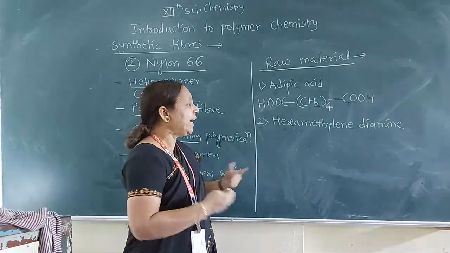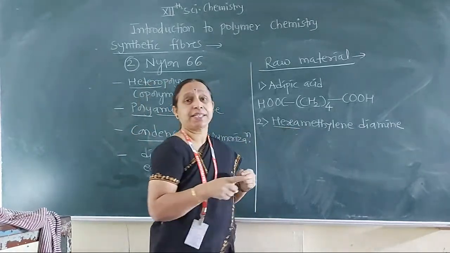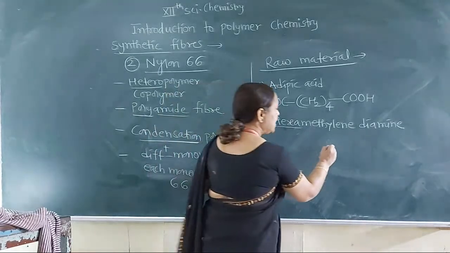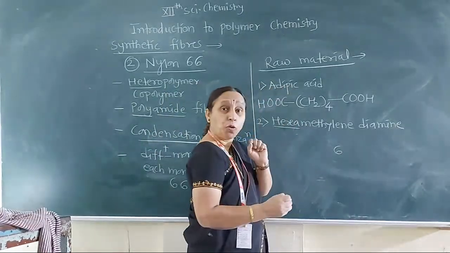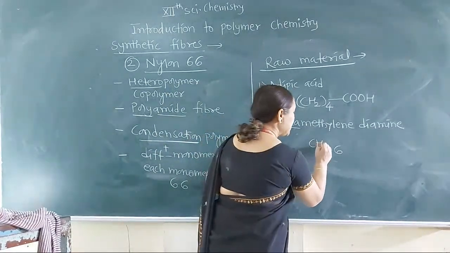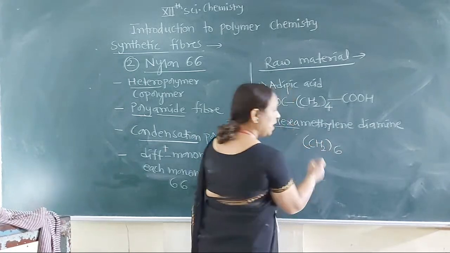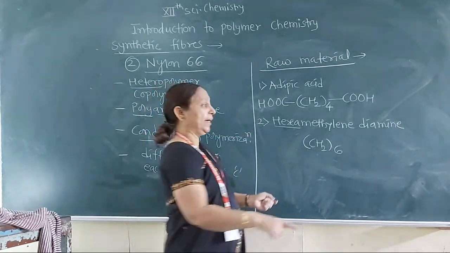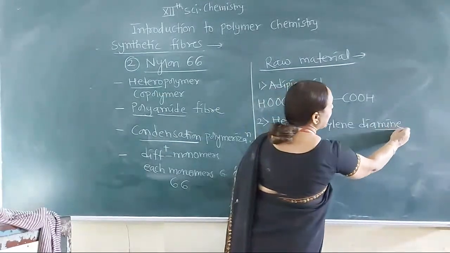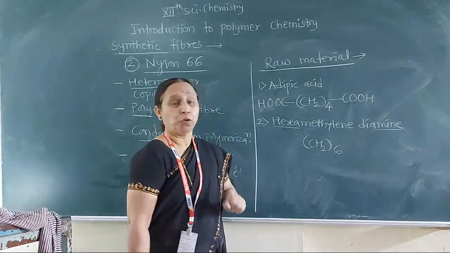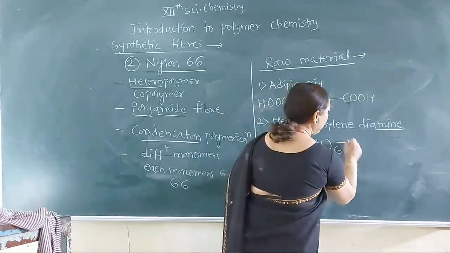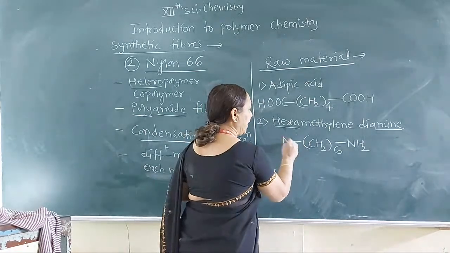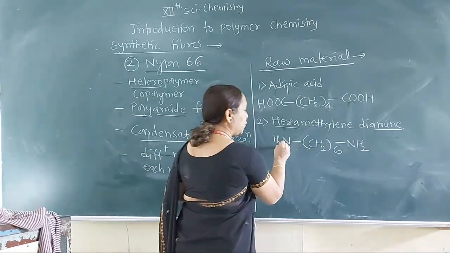Hexamethylene. Hexa indicates 6. Methylene means CH2. There are 6 CH2 groups. And at the 2 ends, there is an amino group. At one end, there is an NH2 group, and on another end, there is another NH2 group.